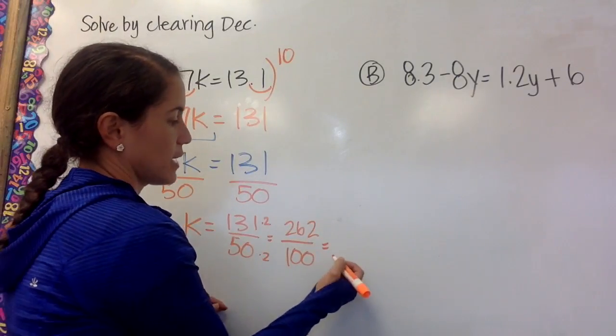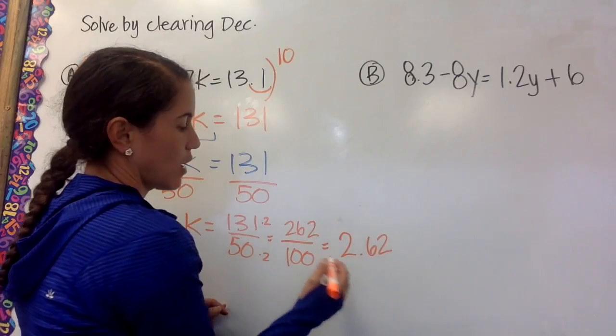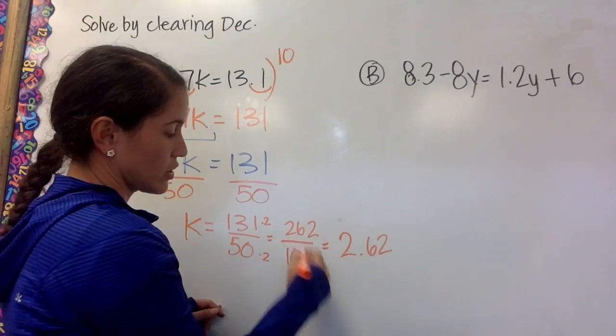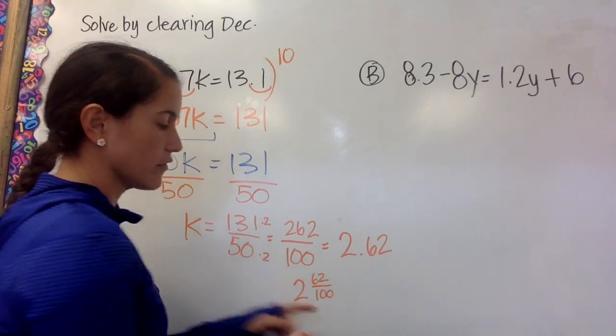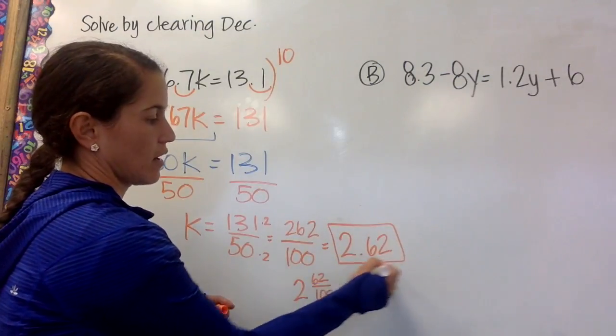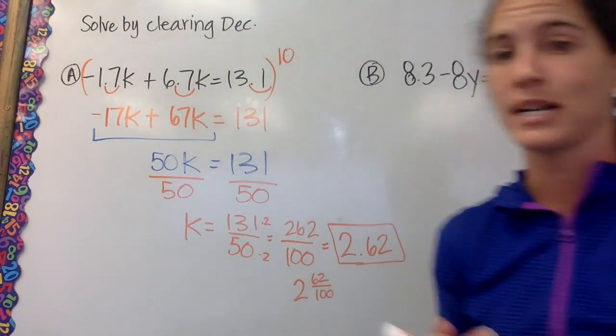So that is going to be 2 wholes and 62 hundredths, because 100 can go into 262 two times, and then we have 62 out of 100 left, so it would be 2 and 62 hundredths. Again, we want our answer to be a decimal because our problem had decimals.